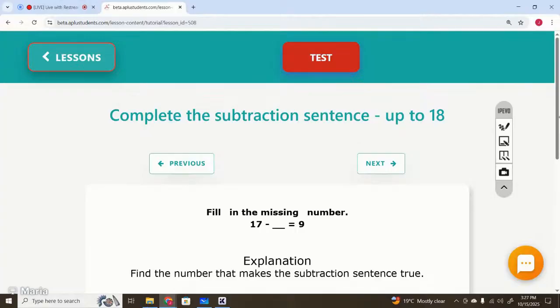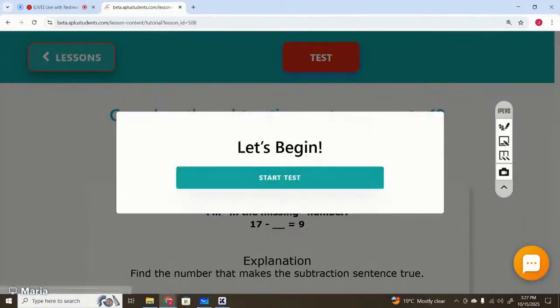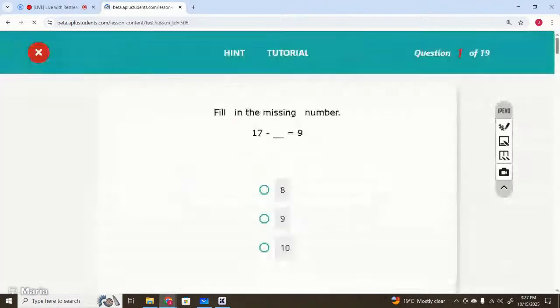Let's just start with the test questions. Fill in the missing number. 17 minus missing number equals 9.